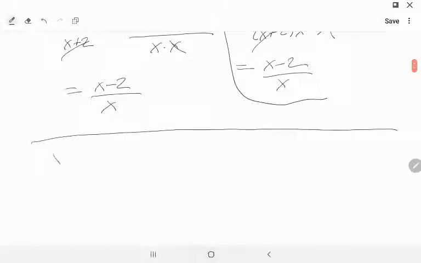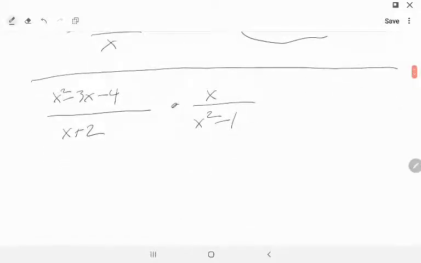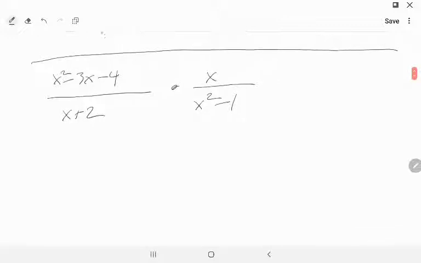So if we looked at x squared minus 3x minus 4 divided by x plus 2 times x divided by x squared minus 1, we notice that we have to factor a bunch of stuff. We have to factor everything, and then we check for common factors.